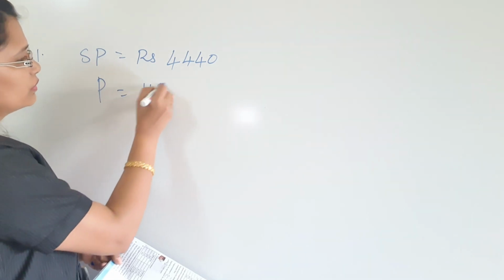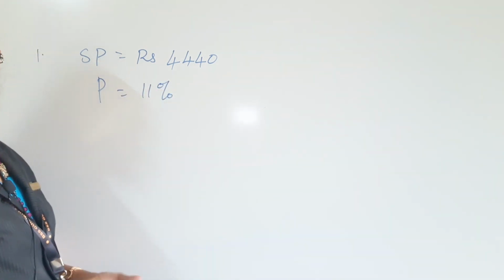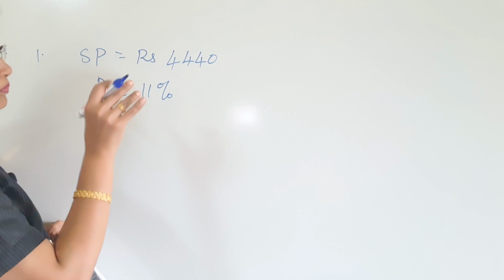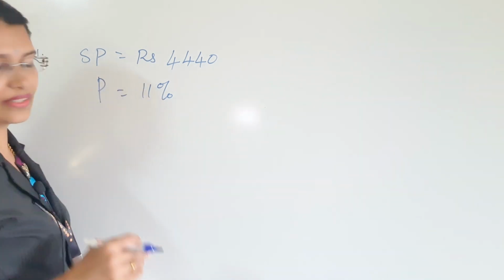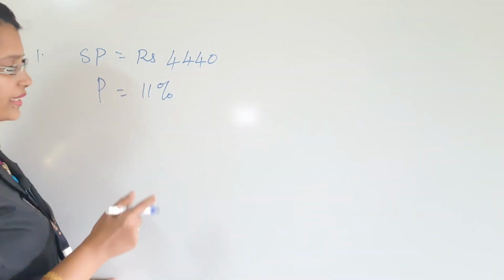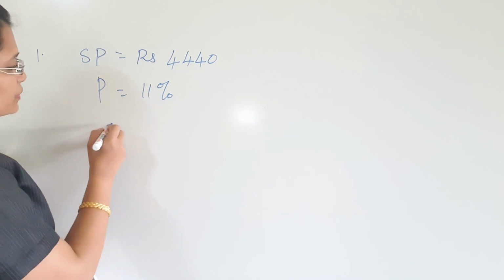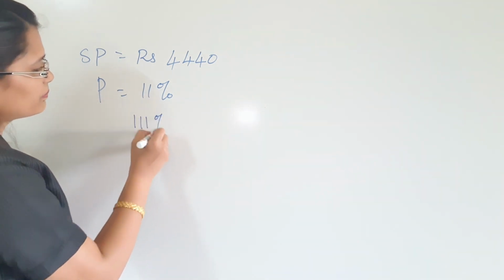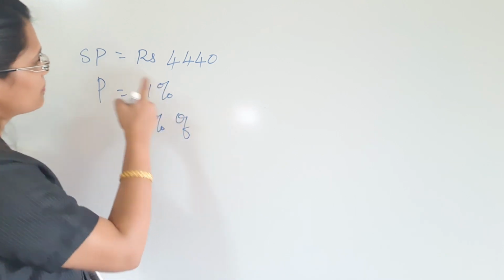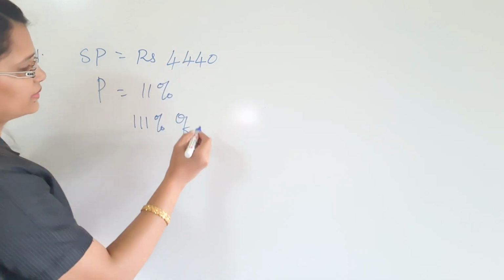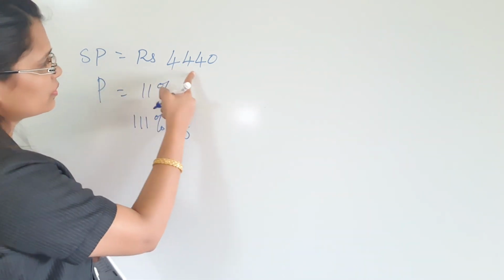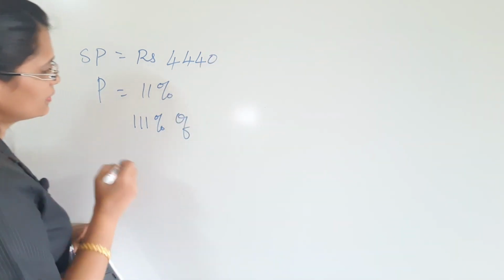Profit is equal to 11%. You know that in easy way, that is 100 plus 11 is equal to 111%, right? So 111% of cost price is equal to 4440.